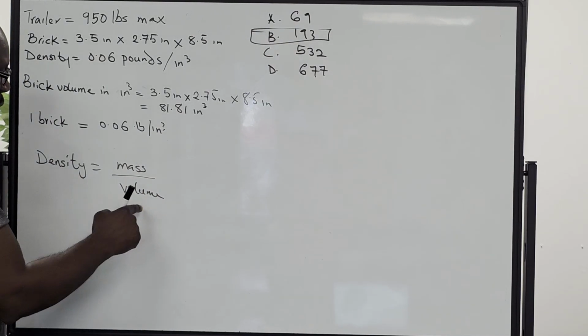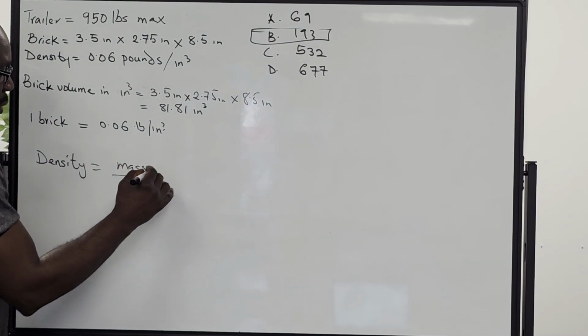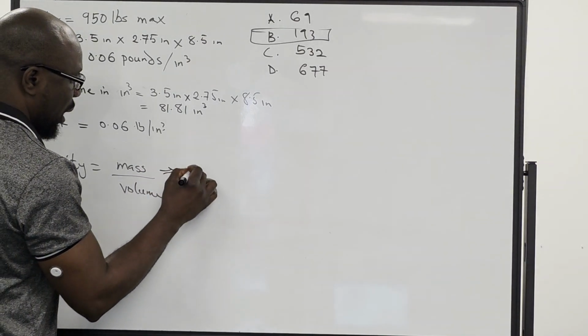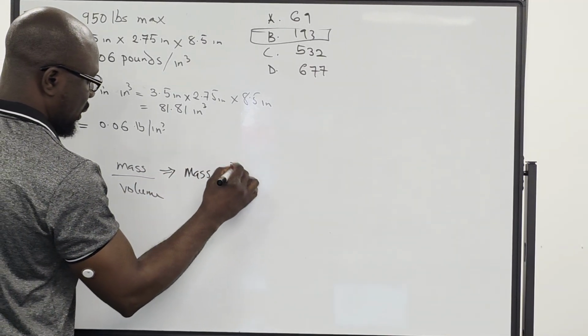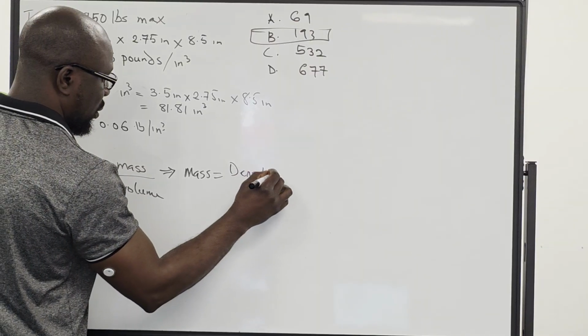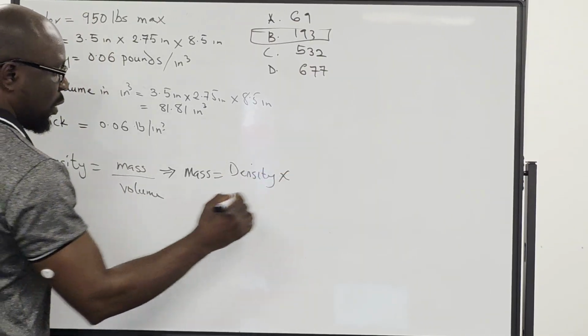We know the density, we know the volume, we don't know the mass. So mass is equal to density times volume.